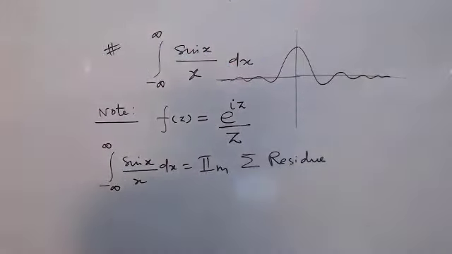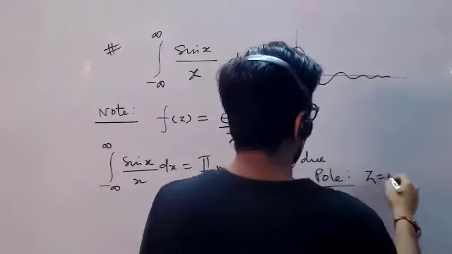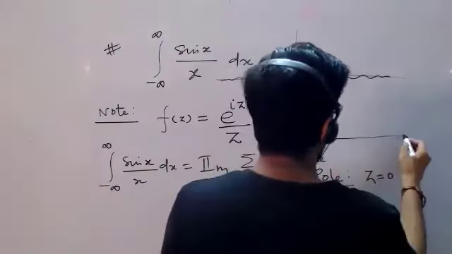And what is the residue? Where is the pole? The pole is at z equal to 0 for this semi contour.